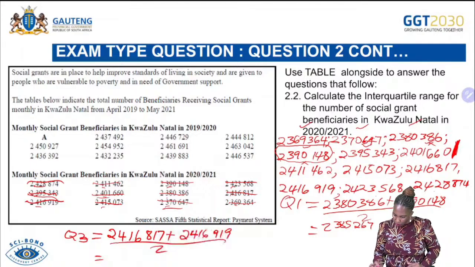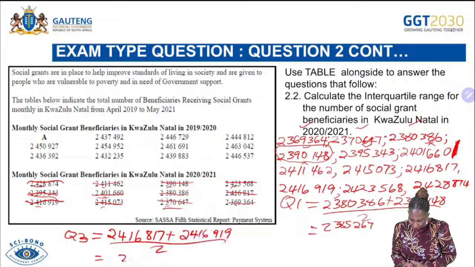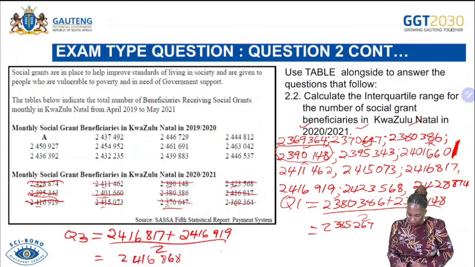Then I divide it by 2. Then I get my answer to be 2416868.